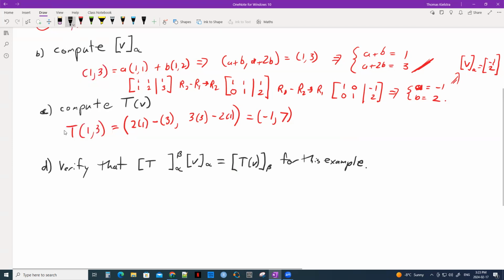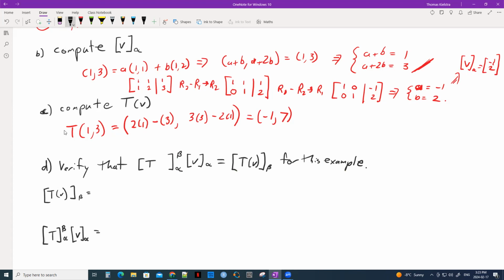First, we need to compute what TV in beta is equal to. We also need to look at what the matrix representation of T with alpha beta times the coordinates vector of V in alpha is equal to.